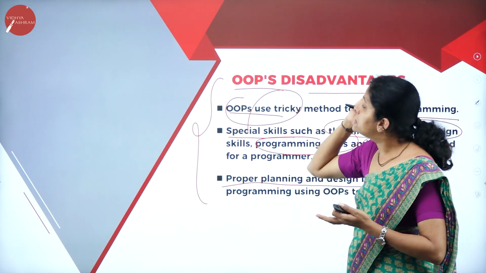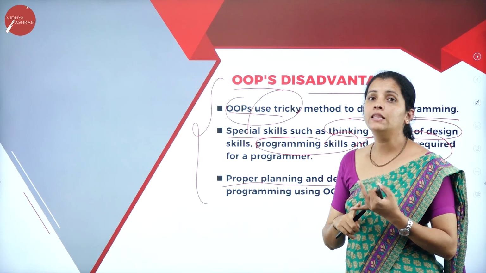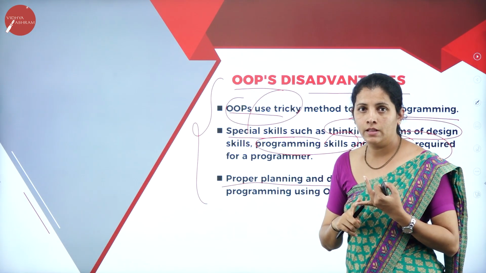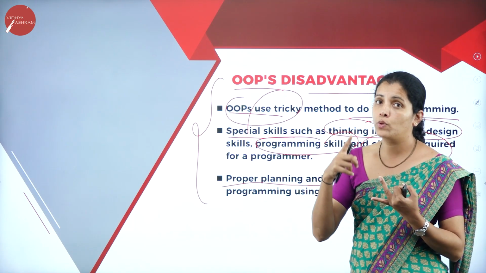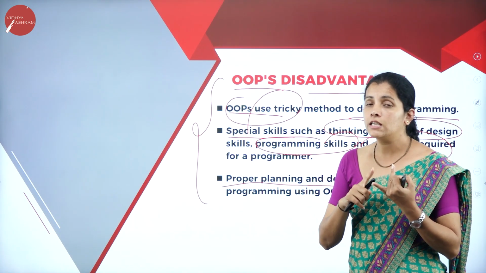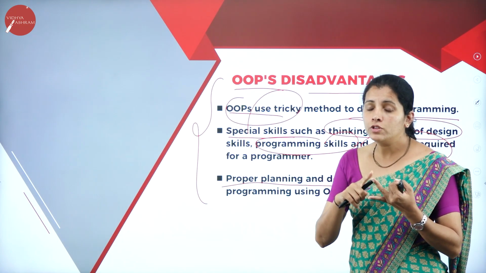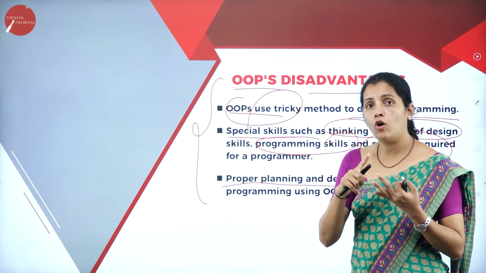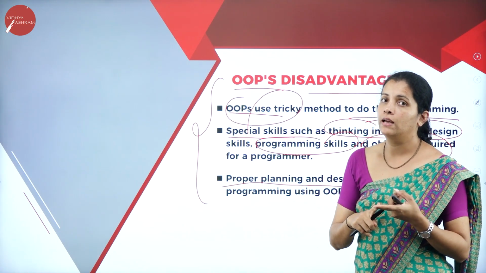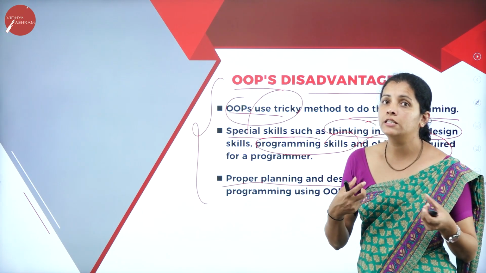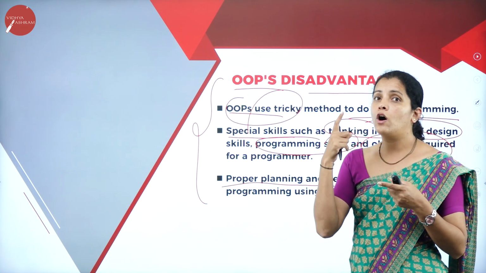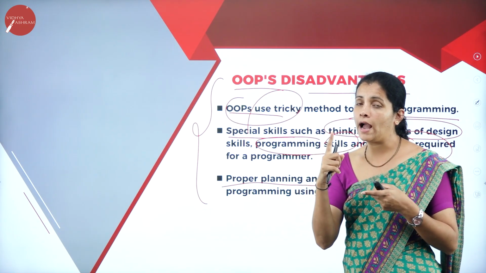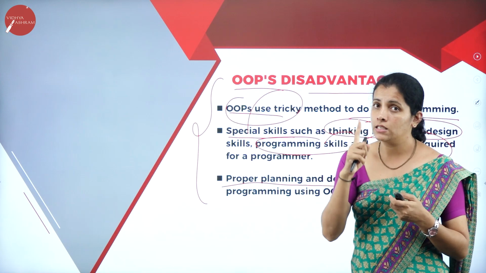And in this chapter, we started with what is programming. Then we discussed the different types of programming, that is structured programming, procedural programming, then object-oriented programming. Along with that, we had a discussion regarding the characteristics and features. So how many characteristics are there? That is a total of 7.